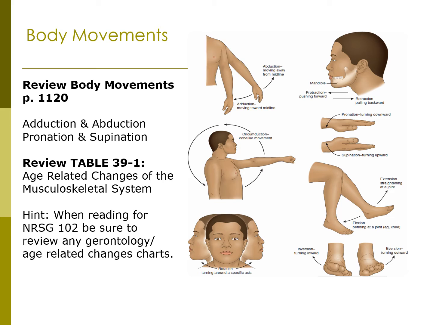Be sure that you are familiar with what adduction and abduction mean, pronation and supination. Whenever you see any gerontological charts throughout your reading for Nursing 102, be sure to read them. There is one on table 39-1, age-related changes of the musculoskeletal system.